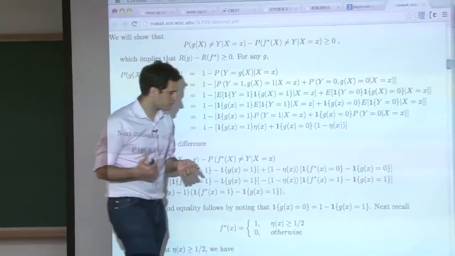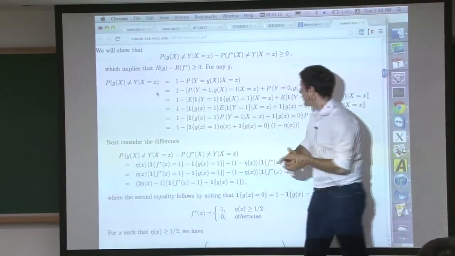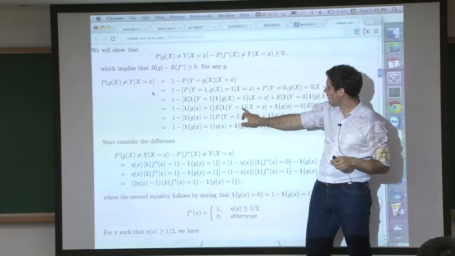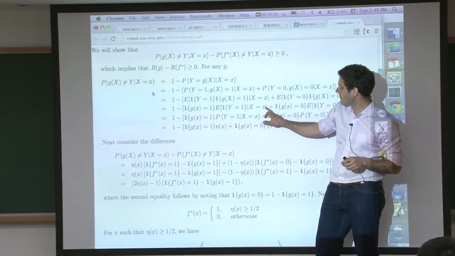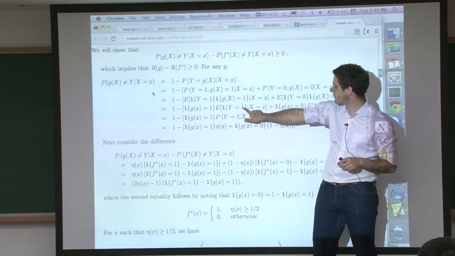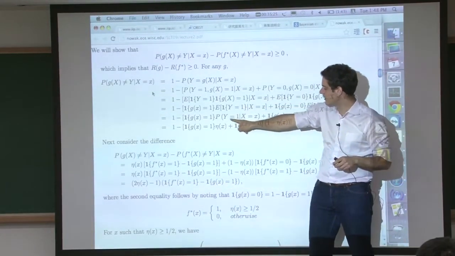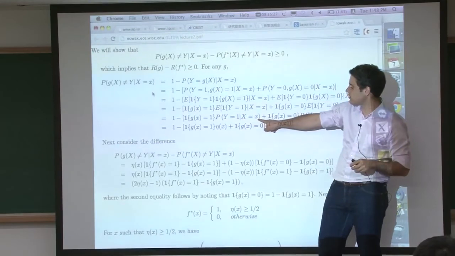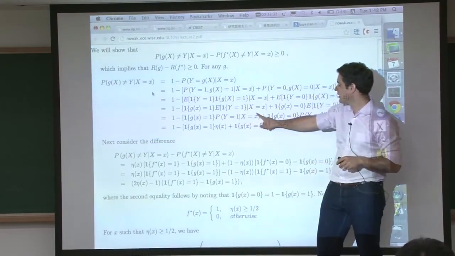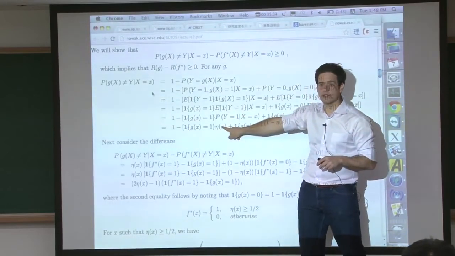Now we turn this again into a probability. The expectation of the indicator of y equals 1 knowing X equals x is just the probability that y equals 1 knowing X equals x. And this quantity we know as eta of x.